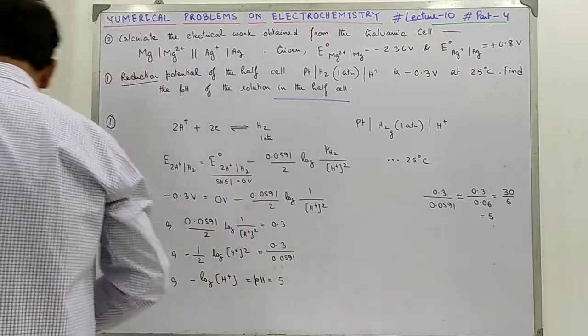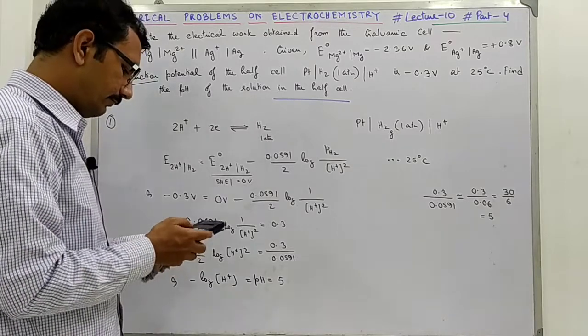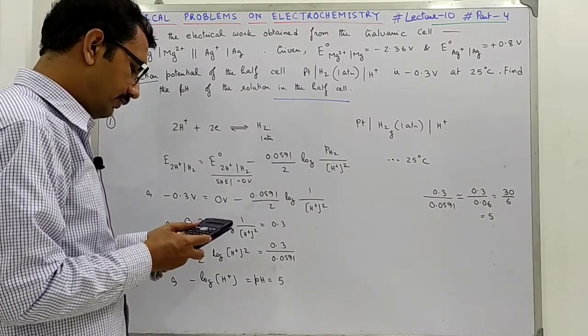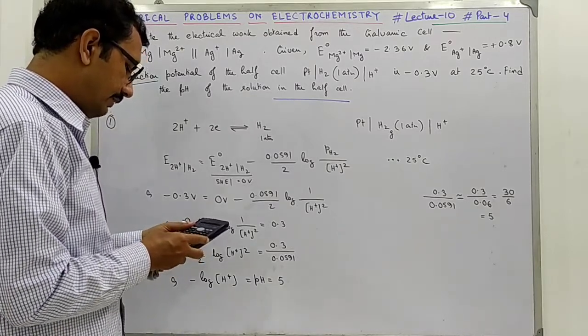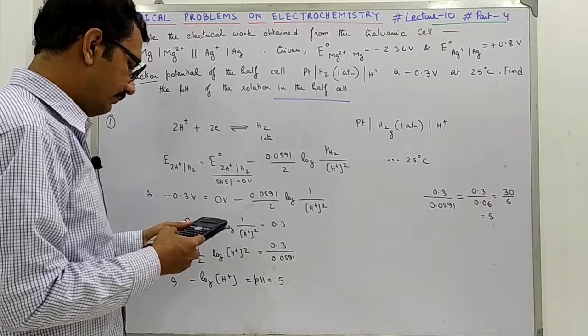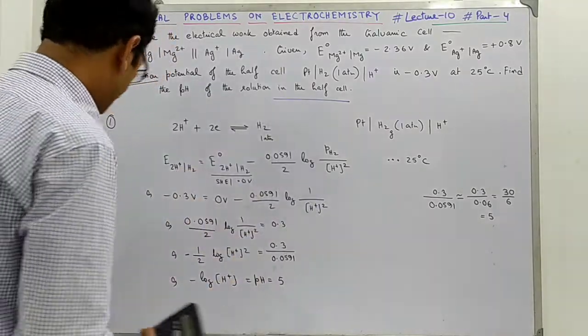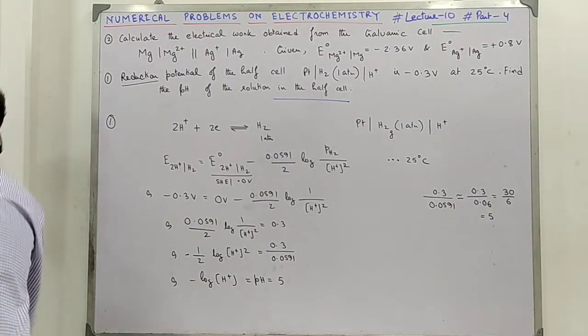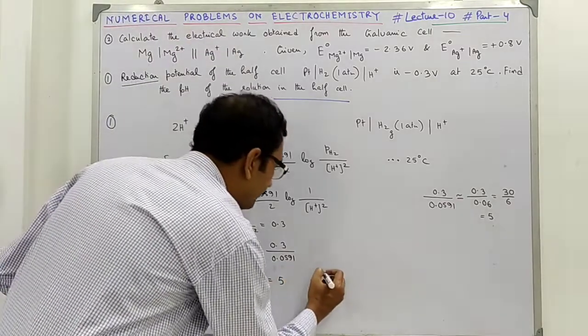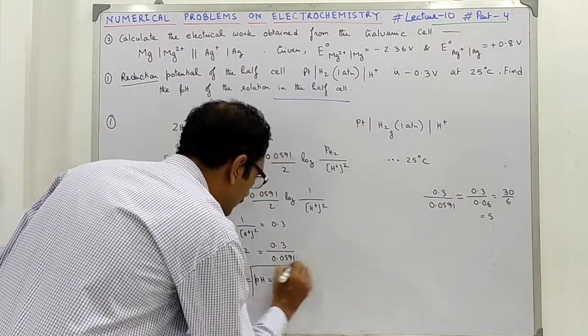Let us check with the calculator what it comes. See, it is 0.3 divided by 0.0591, it is 5.076, as I have predicted. So, this is the answer.